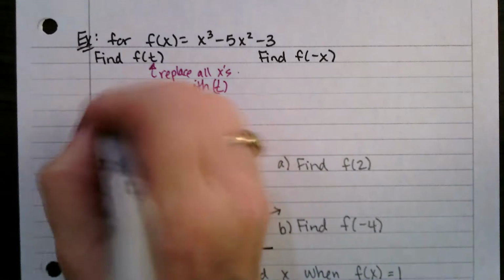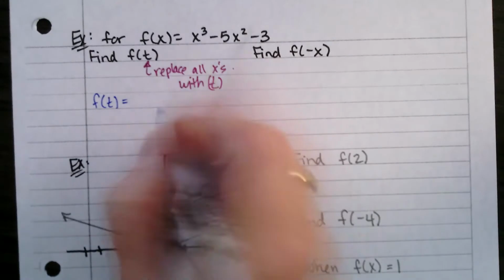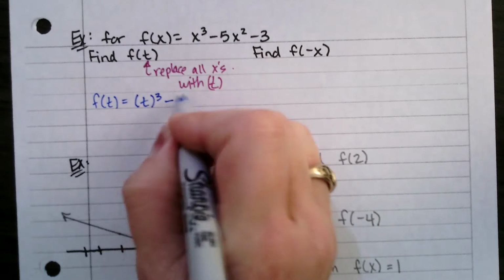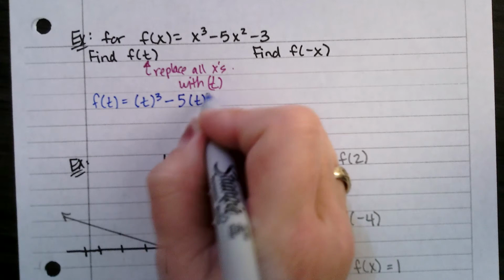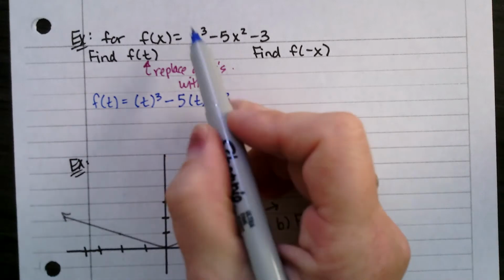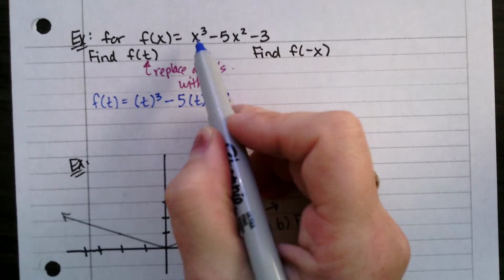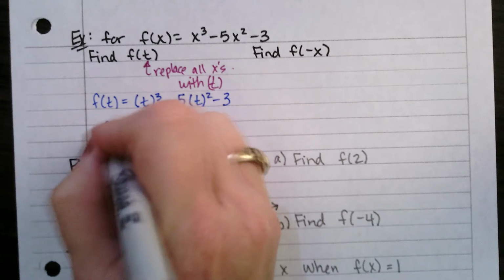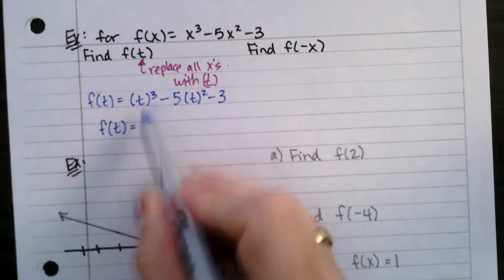So f of t will be, instead of x cubed, I'll have parenthesis t cubed, and then minus 5 parenthesis t squared, minus 3. So the only thing I've done is take the x's and replace them with a parenthesis with a t in it. And then I'll go ahead and do these exponents.